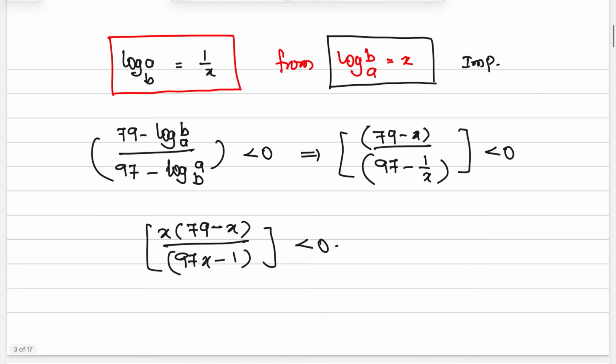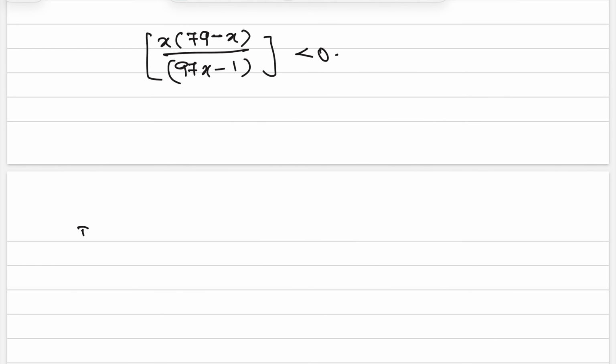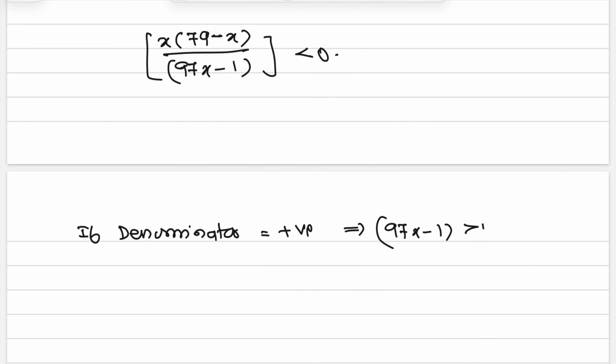If the denominator is positive, that means 97x minus 1 is greater than 0, then the inequality given in the problem stands.